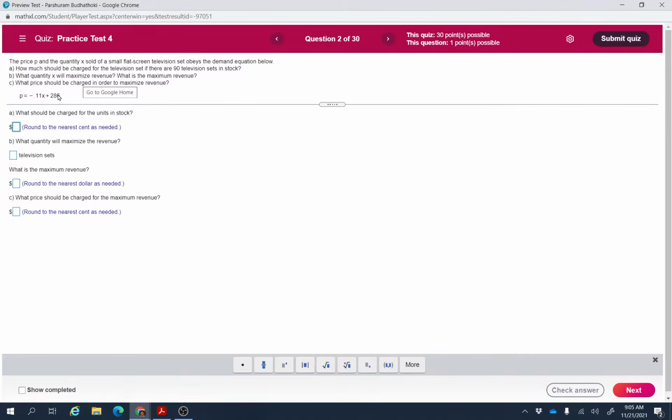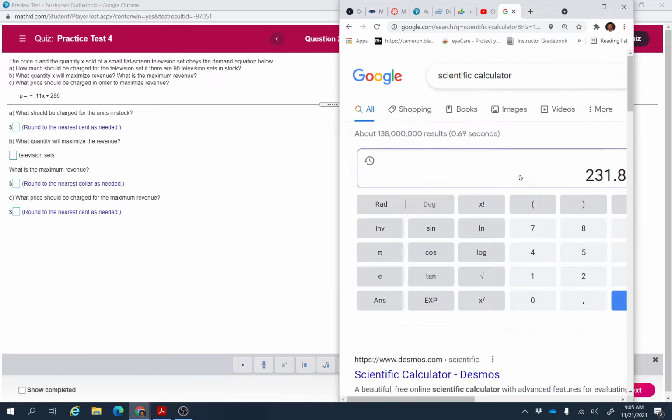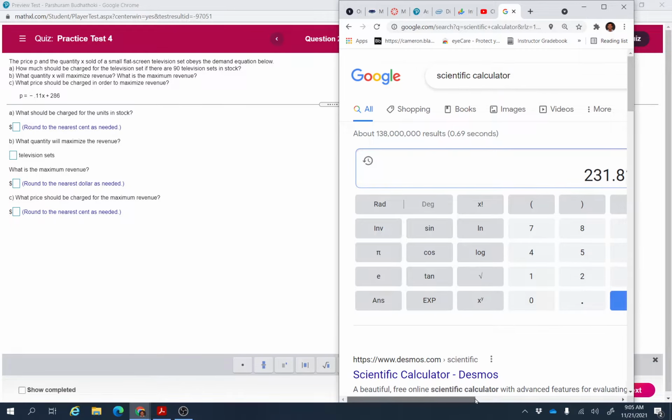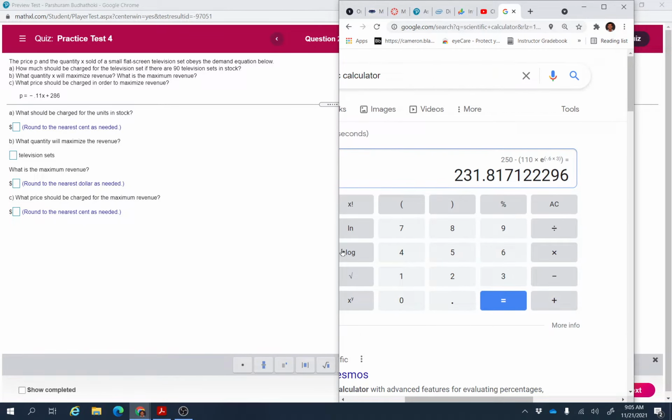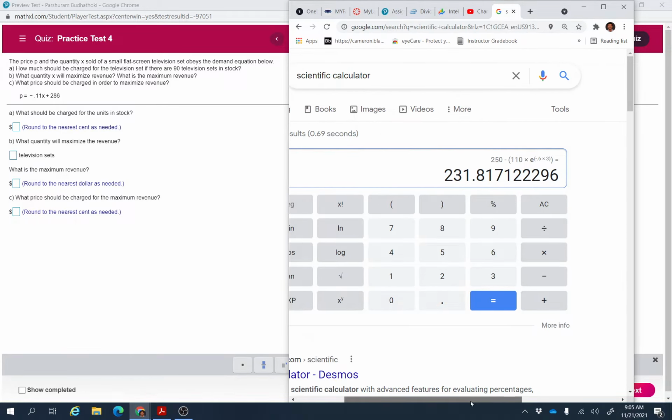So just put x equal to 90 here and calculate the value of P. I'm just using the scientific calculator on this website, but you are not allowed to use a website while taking the test, so make sure that you use your own calculator.